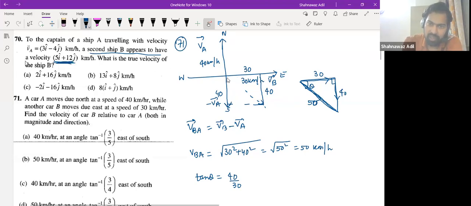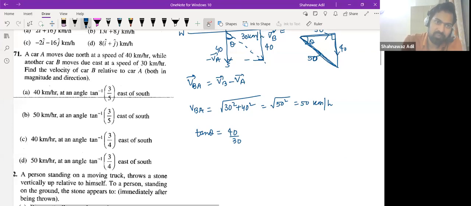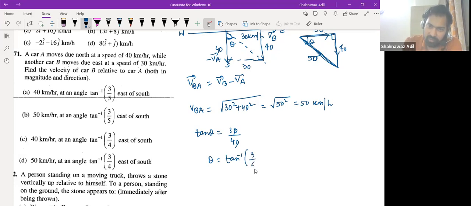This is also the angle with the vertical. Perpendicular is 30 and base is 40, so this would be 30 by 40. So theta would be tan inverse 3 by 4.